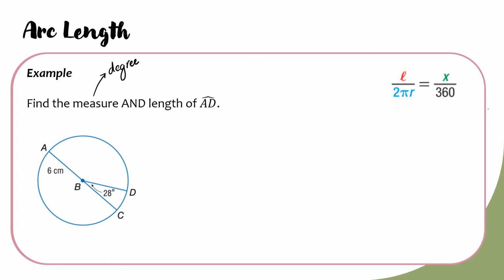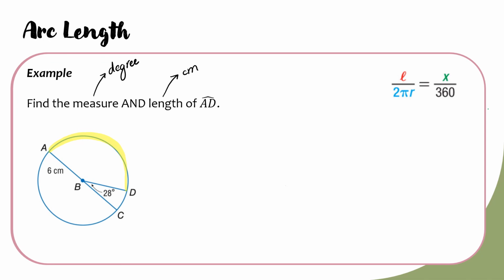We can see here our radius is given in centimeters, so our length is going to be in centimeters. We're finding both the measure and the length of arc AD. So we're after this piece. Really, we can't do too much as far as length if we don't know its measure, so it's important to start there.